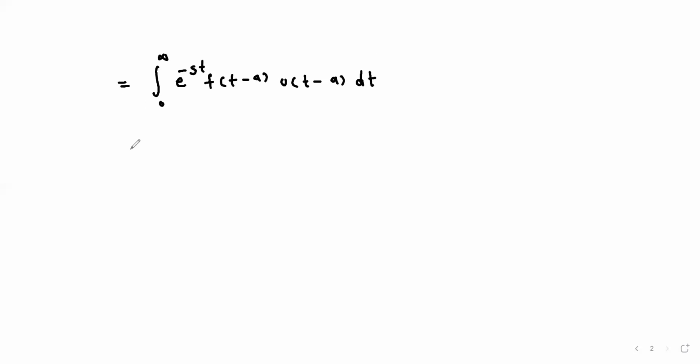I simply write this. If I break this integral, you know that if we have an integral from a to c, then we write this as a to b and then integral b to c. So similarly, we can use this result here.